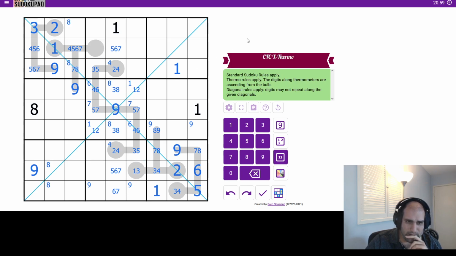Unless I'm missing something that's just staring me in the face that I can't see. Unless there's something blindingly obvious that I'm just not seeing right now. Is there a digit I have difficulty placing on this diagonal? I don't see it. There's just so little information about most of the digits in the grid.